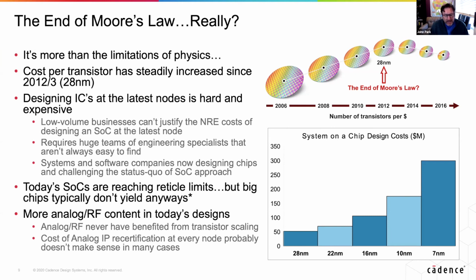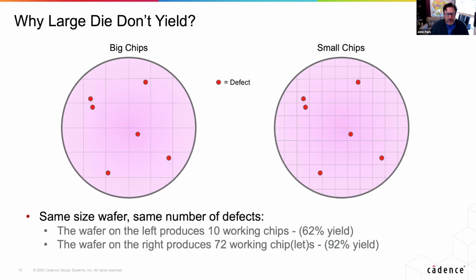So things like I/O don't really benefit from chasing the latest design node. And recertifying your analog IP at a smaller node costs a lot of money. Is it really worth it? If it works at 28 nanometers, why not just keep it there? So these are some of the factors behind this trend of More than Moore and the end of Moore's Law.